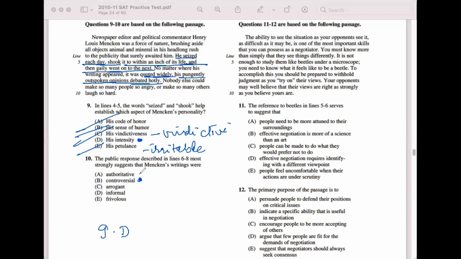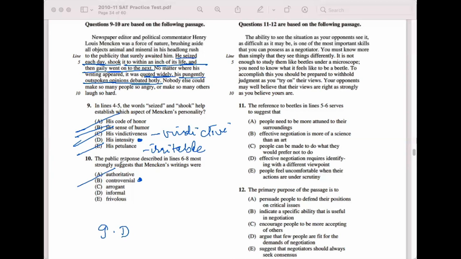So controversial is something I like. Authoritative is not true as per the passage. We don't know if his writings were authoritative. His writings were opinionated. He brought his personal stamp to each of his writings, but whether he was an authority on those subjects, the passage doesn't mention that. So A is beyond the scope of the passage.